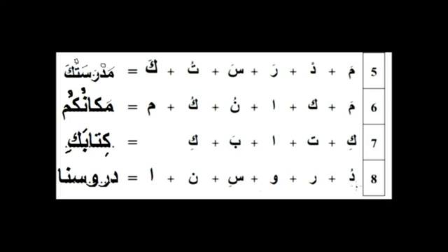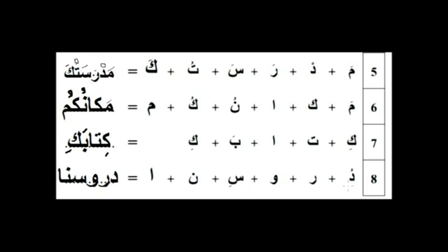The next word, durusina, which means our lessons. Durusina, which refers to our lessons. Just a note, we'll probably go through this more in another course, more of a grammar type of course.